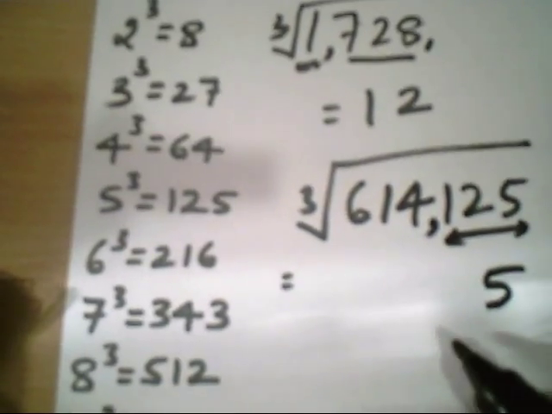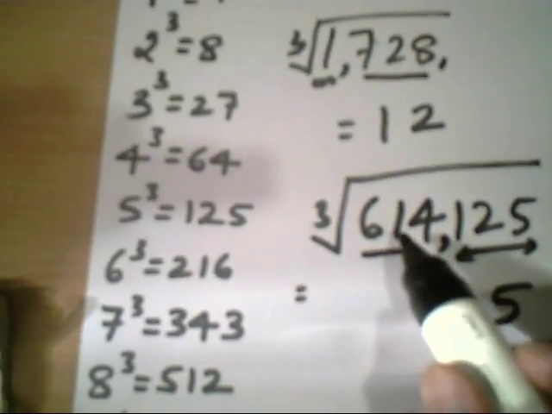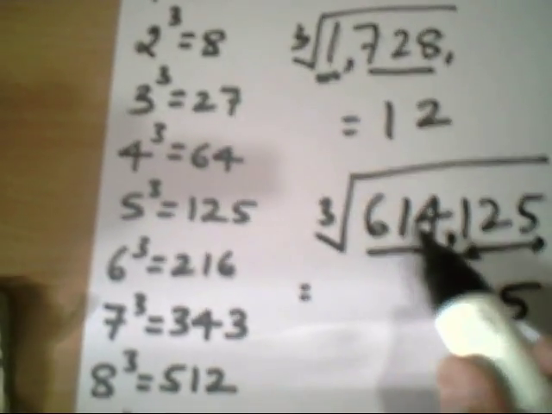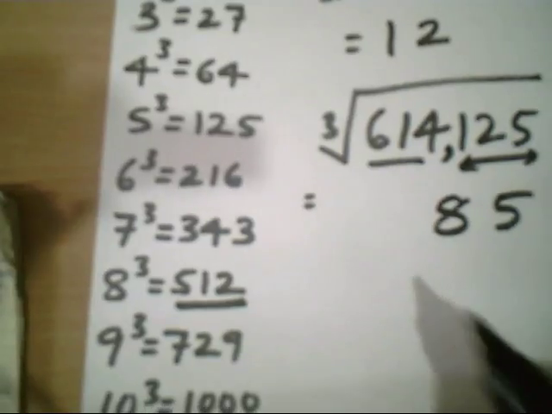Write 5. In the second group, I have got 614. See which maximum cube we can subtract from 614. From 614, the maximum I can subtract is 512, and 512 is 8 cubed, so write 8. Notice here that I am not actually subtracting, I am only observing and writing the answer. So the cube root of 614125 is 85.